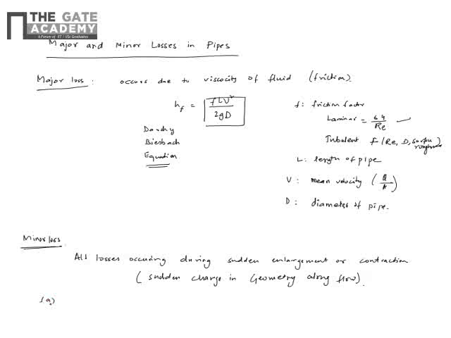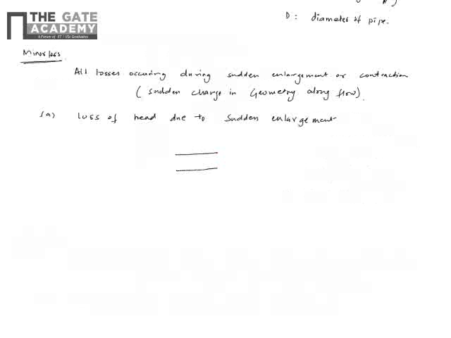So let's see some important types in this. Loss of head due to sudden enlargement. Okay, so if you have sudden enlargement, let's say the flow is taking place in a small diameter pipe, and then there's a sudden change, and now it has to follow a larger cross section pipe.